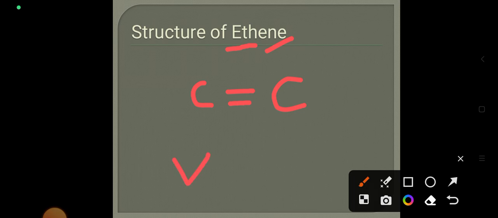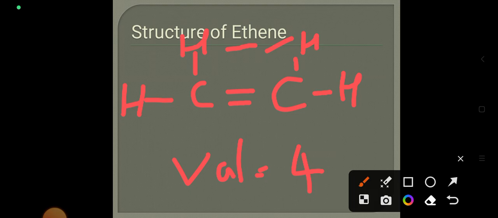Since I already know the valency of carbon is 4, I should make sure that every carbon will have 4 bonds around it. So I will write the remaining bonds with hydrogen. So C2H4 will be the molecular formula of ethene, and this is the structure of ethene.